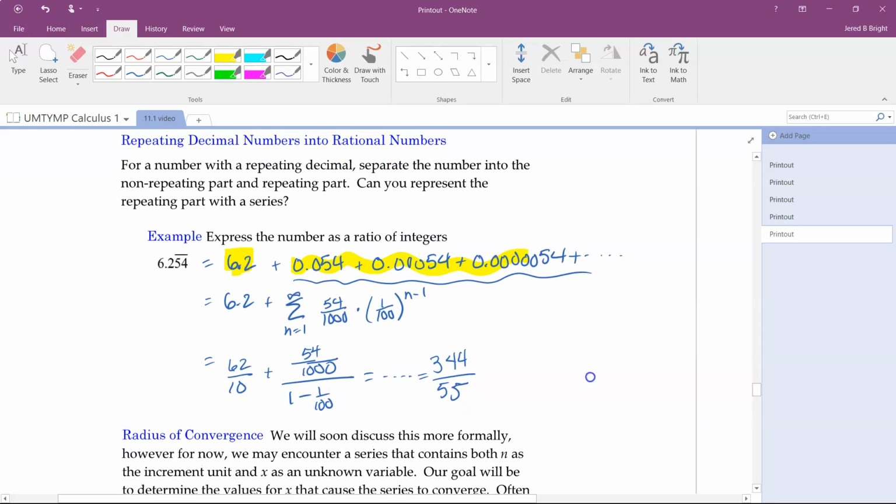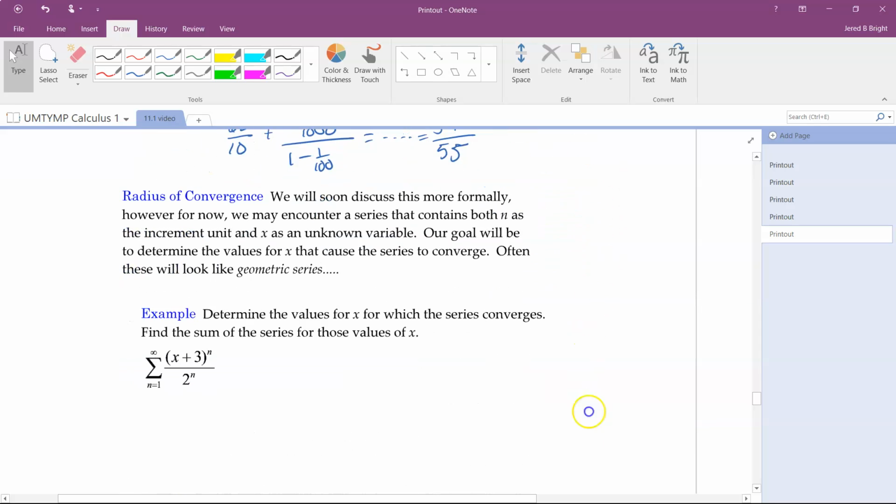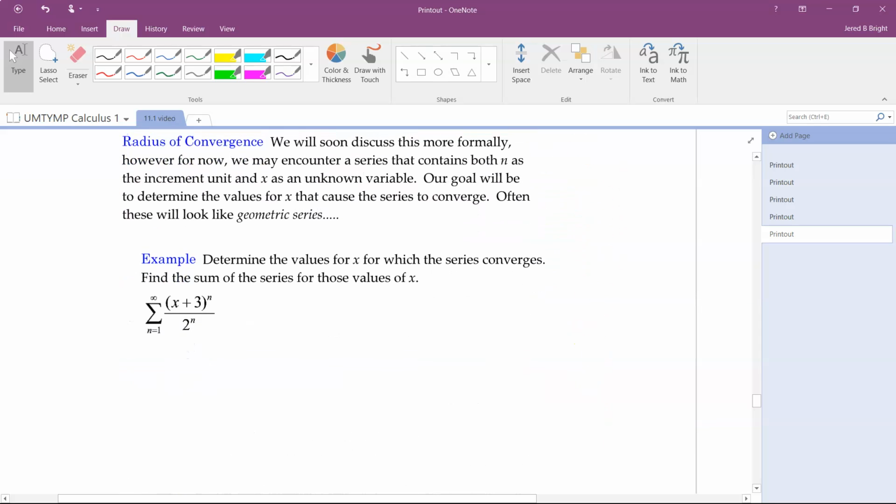Okay. Another example, and we'll see this next example pop up all the time. When we look at series, we're going to talk about this idea of radius of convergence, and so there's going to be a variable x in here as well, along with n, which is our step indicating the position in the sequence that we're at.